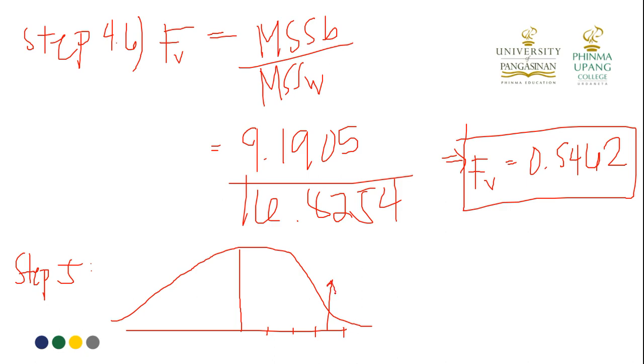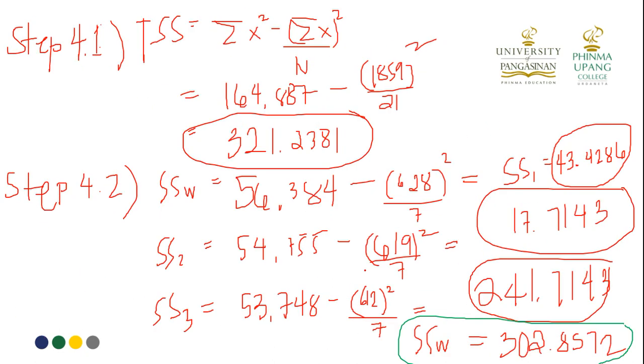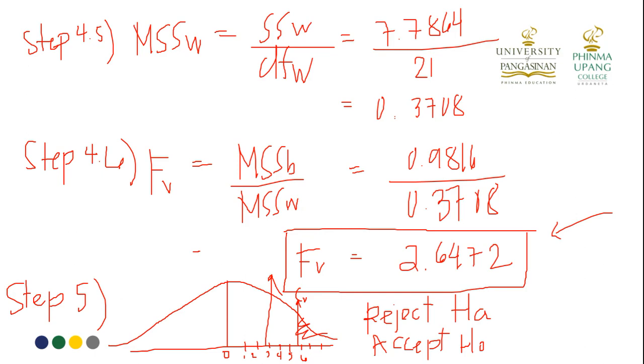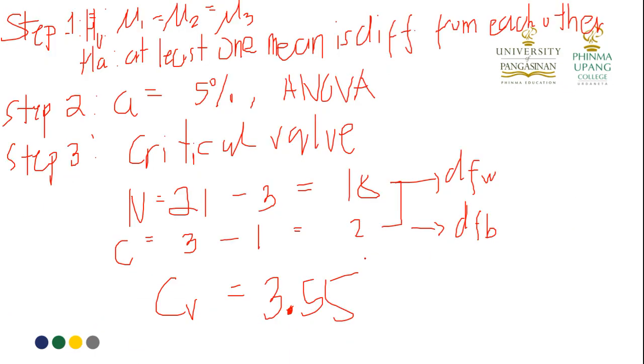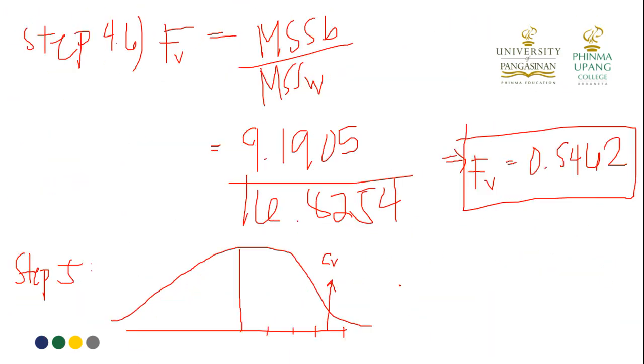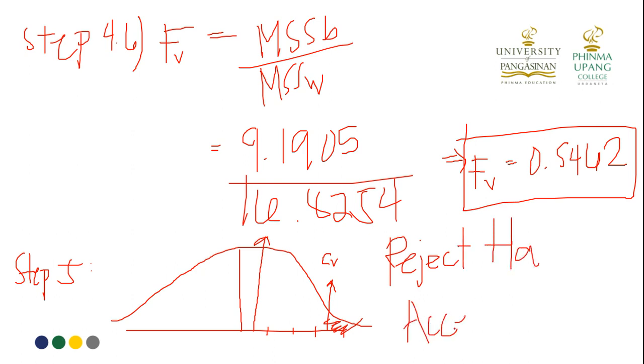Nandito yung 3.55 ng ating critical value, tapos yung ating rejection area is nandito. Then, 0.54 is nandito sa kalahati ng 1. So, reject. Sinong i-reject? Alternative. Very good. HA. Accept. Sinong accept? HO. Okay, that's all for module number 24.